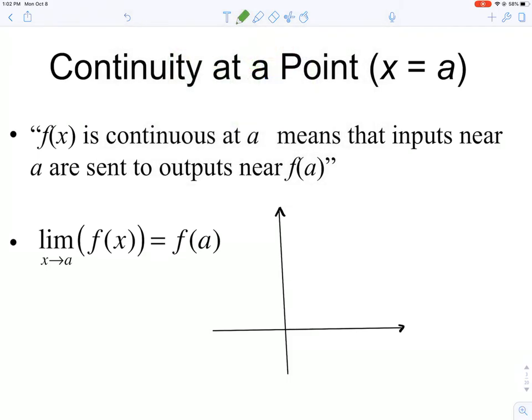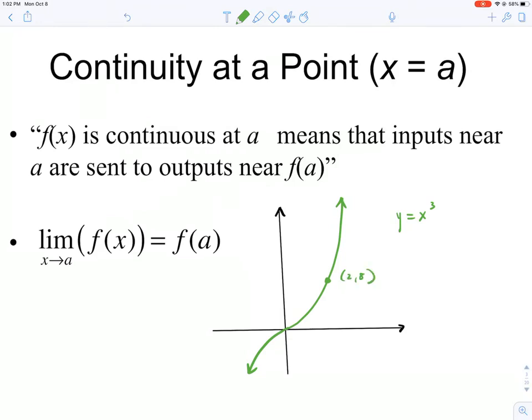We know that all polynomials are continuous, smooth continuous functions, right? So let's think about y equals x cubed, that graph. And how about specifically the point 1, 1? Or actually, let's say that's the point 2 here. Let's do the point 2, 8.